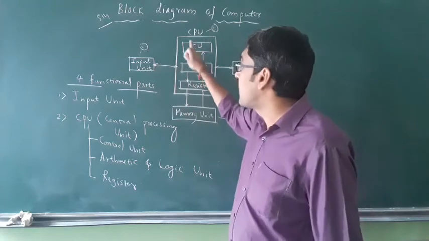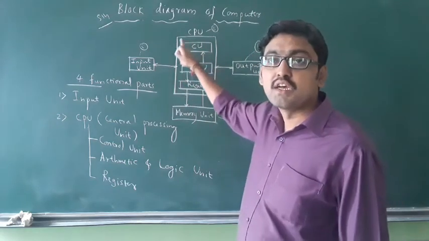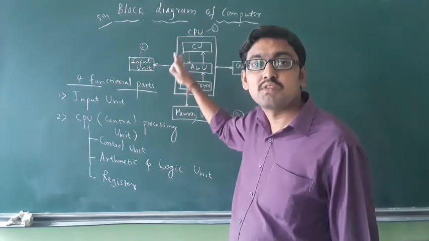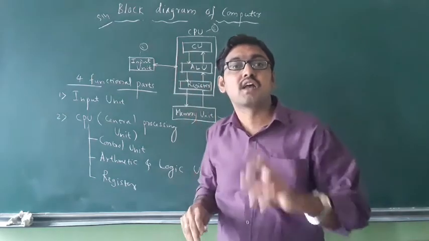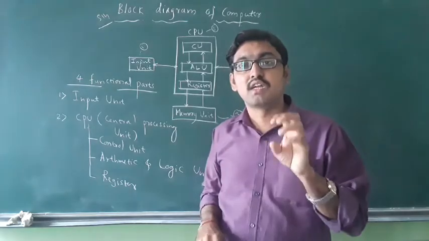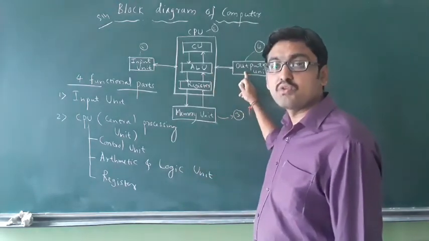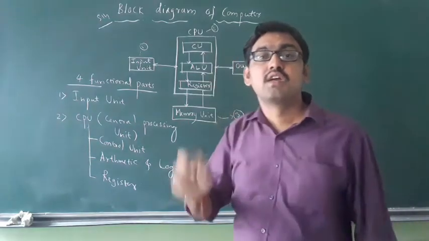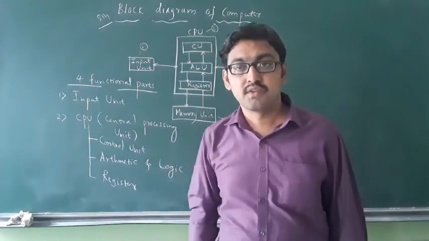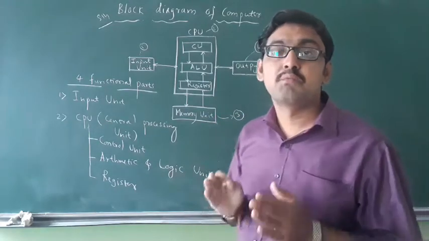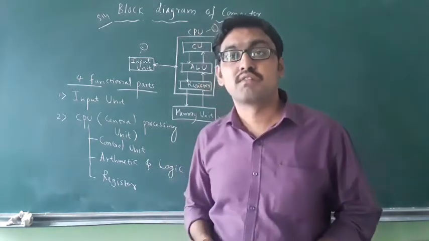That data will come to the CPU. What is the use of the CPU? The CPU processes and calculates the data and produces output. Output means the monitor displays the data. This is very important for your examination.